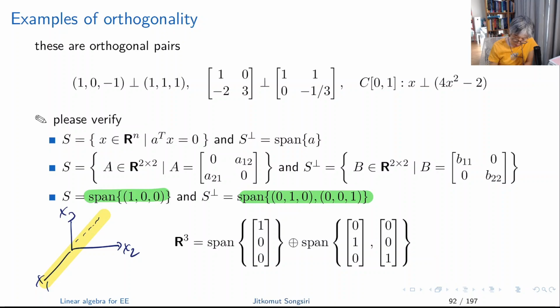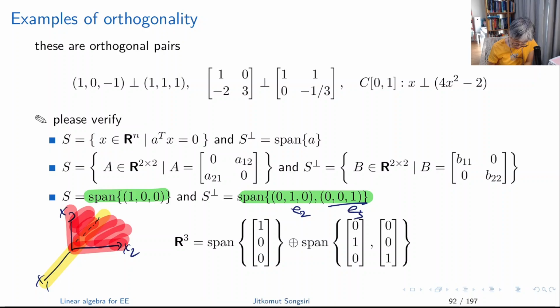But S perp is going to be any vector that spans, I hope you understand my drawing, any vector of 0, 1, 0, let me call it E2 in short, and 0, 0, 1, E3.